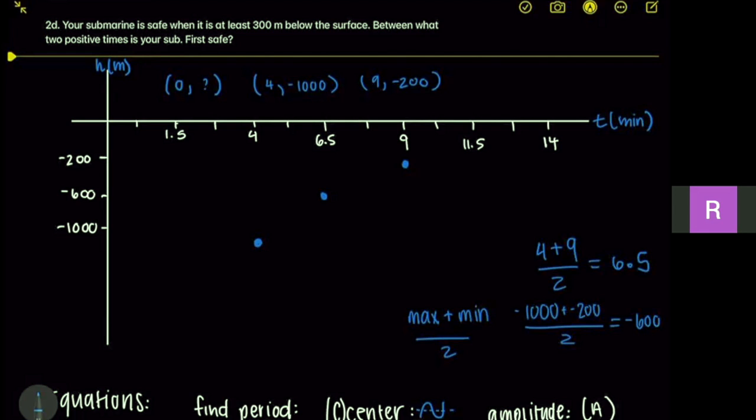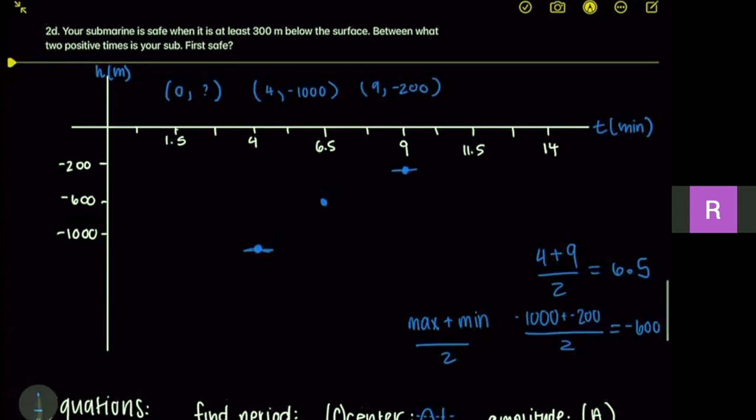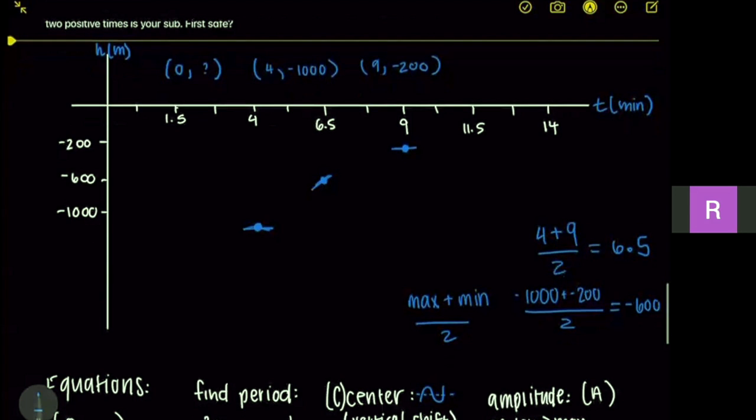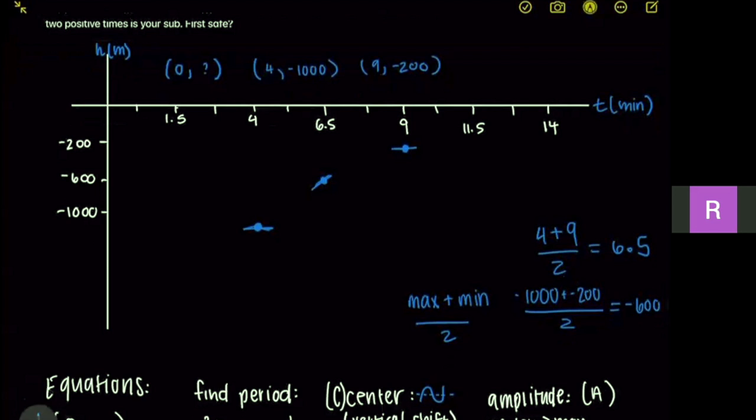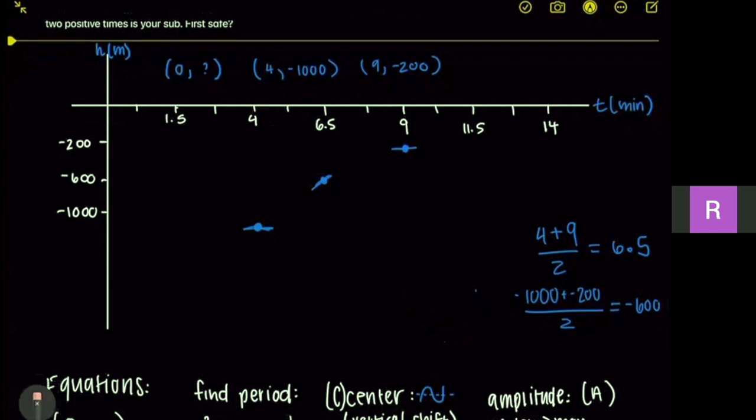So we know that this point here is going to be our minimum, this point here is going to be a maximum, and this point here is going to be our midpoint. We can then repeat these values because it's a sinusoidal function and draw out the rest of the graph. So let me erase this here so we have some more room.